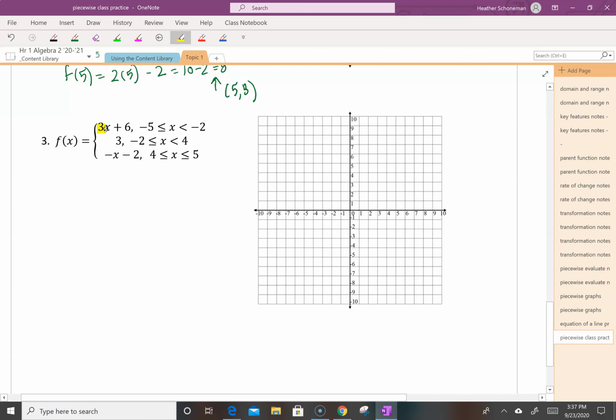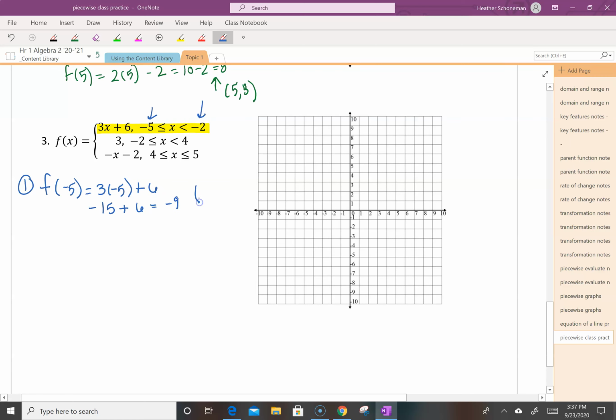When you're looking at this first number here, this is where your graph starts. This is where the line starts. So I want to be able to graph the first one. I want to find f of -5. So I'm going to plug in -5. So I have 3 times -5 plus 6. So that's -15 plus 6, which is -9.